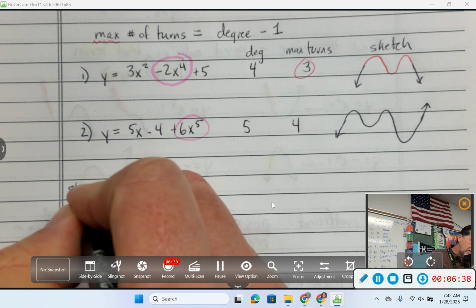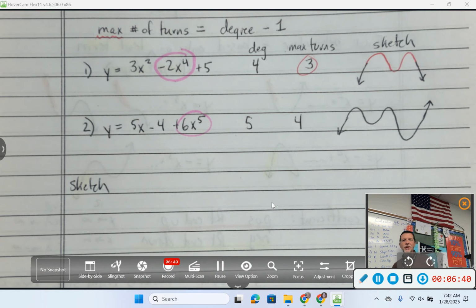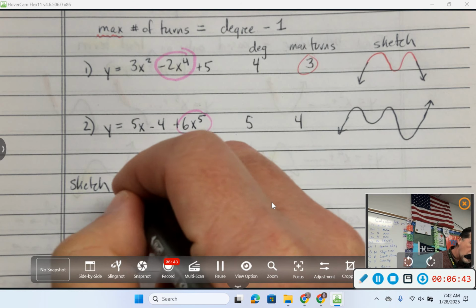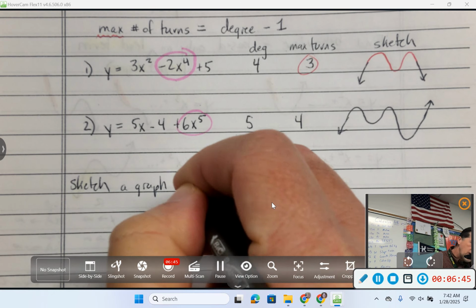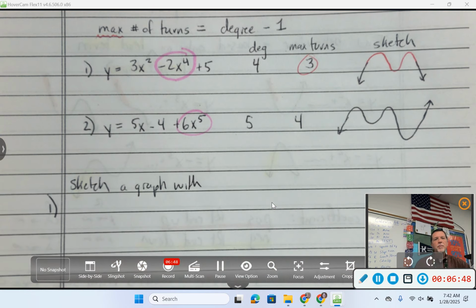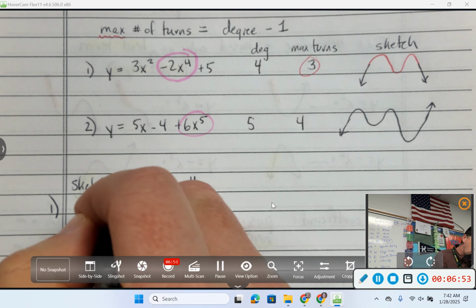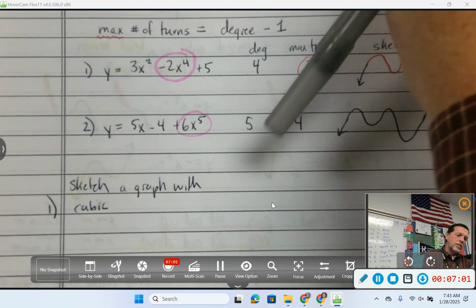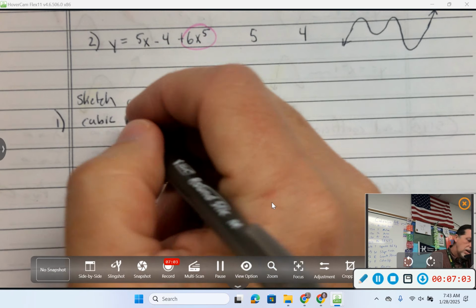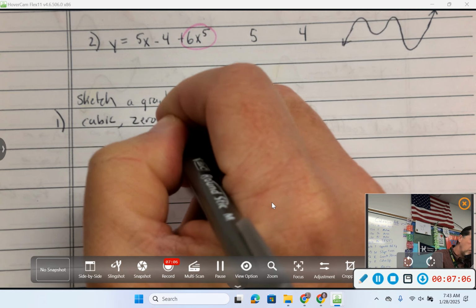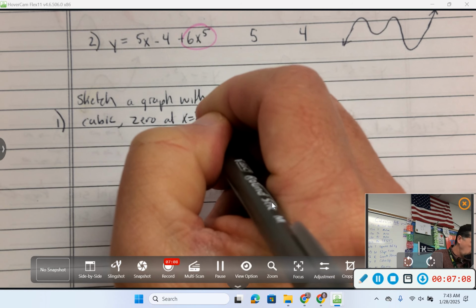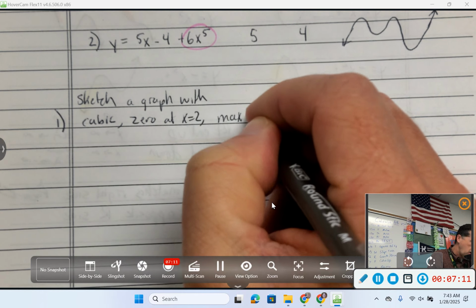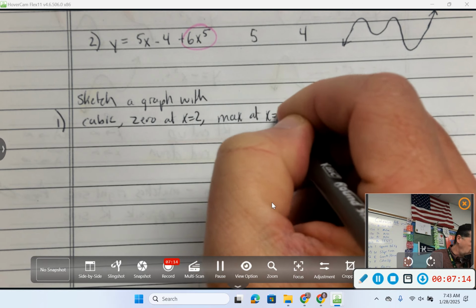All right, let's see if we can incorporate some more into our sketches here. Sketch a graph with cubic degree, zero at x equals 2, a max at x equals -1.